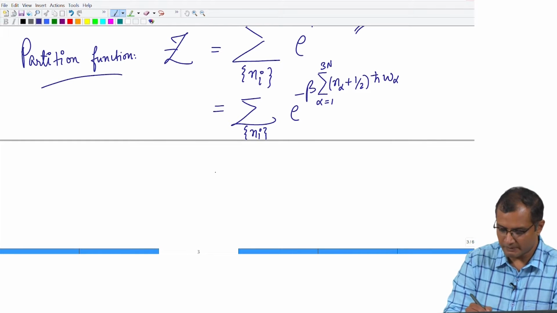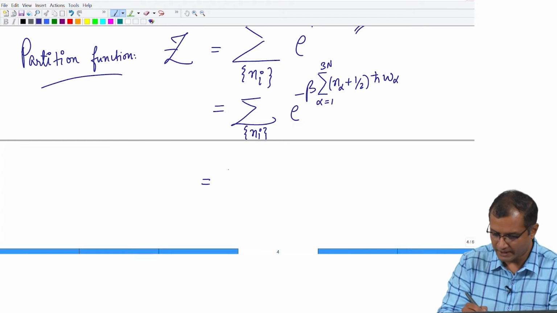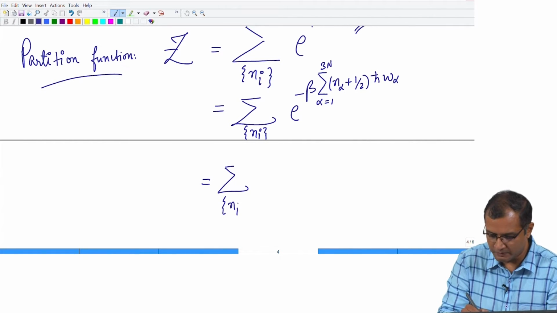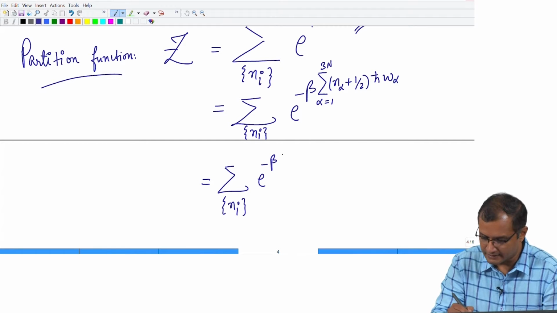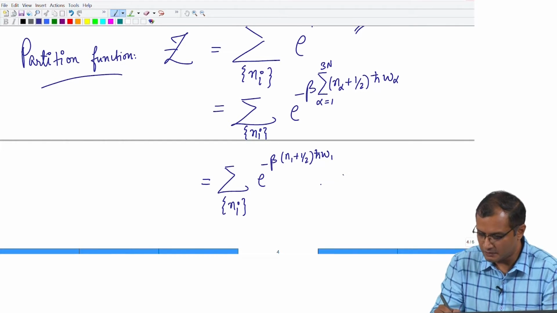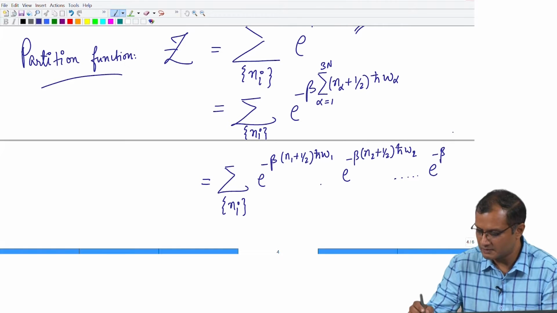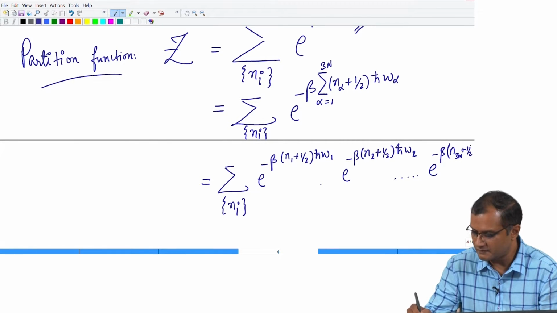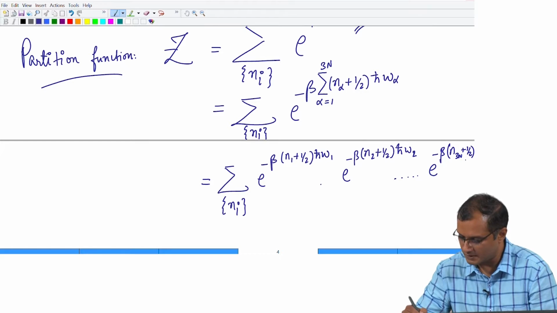Okay. So, then this would simply become, if you think of it this way, I can write it as summation over all possible microstates, e to the power minus beta (n1 plus half) h cut omega 1, into e raised to minus beta (n2 plus half) h cut omega 2, all the way to e raised to minus beta (n 3n plus 1 half) into h cut omega 3n.